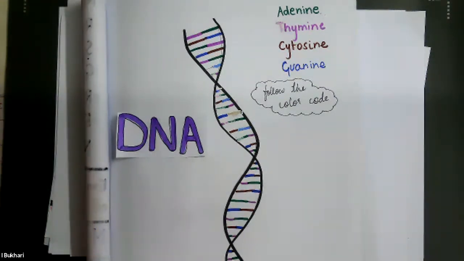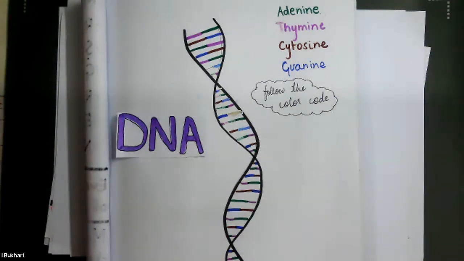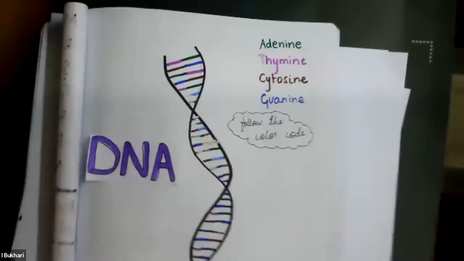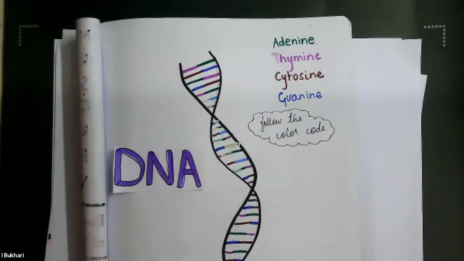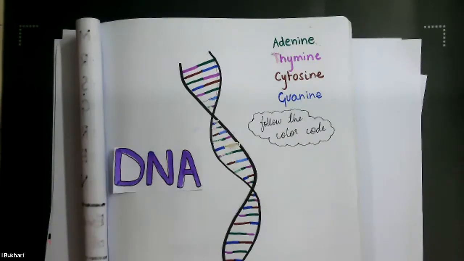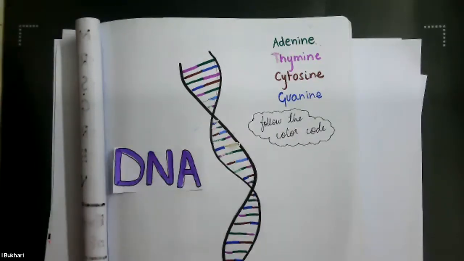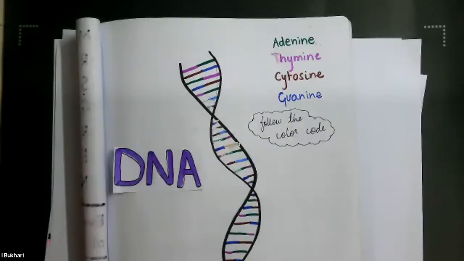That's how DNA looks. This is called a double helix. This is called a helical structure. Like a staircase.